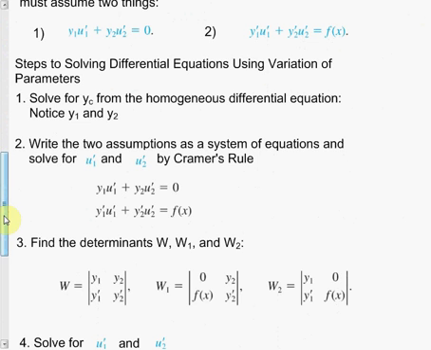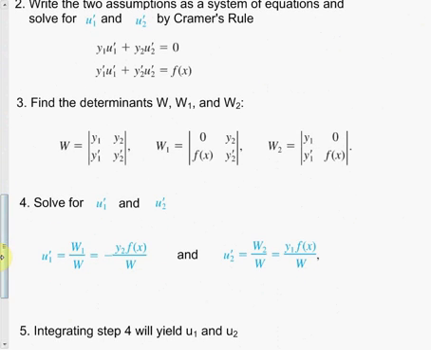So step number 4, I told you it works backwards. You first get u sub 1 prime. So u sub 1 prime from Cramer's rule is W sub 1 divided by W. Now I have this negative y sub 2 times f of x divided by W, but I don't remember all that.